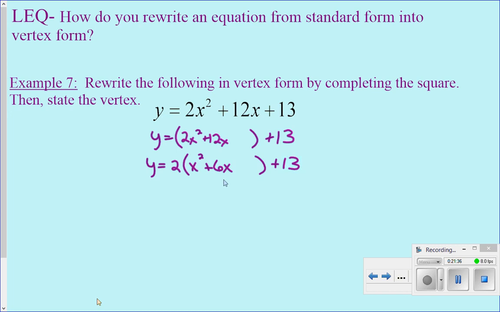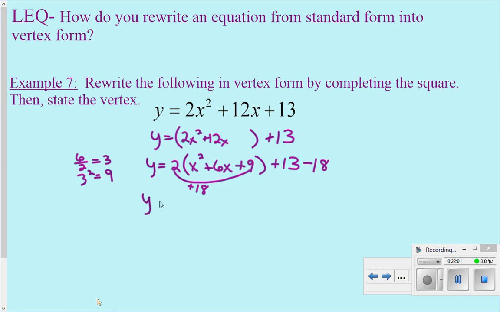Now I can complete the square, so I divide 6 in half, and I square that, and 9 is what is added to complete the square. Again, though, it wasn't really 9 that was added. It was actually 18, which means I have to subtract 18 to balance the equation.